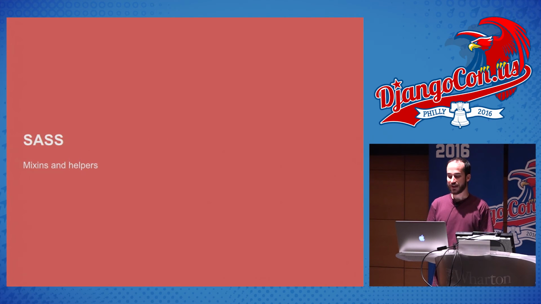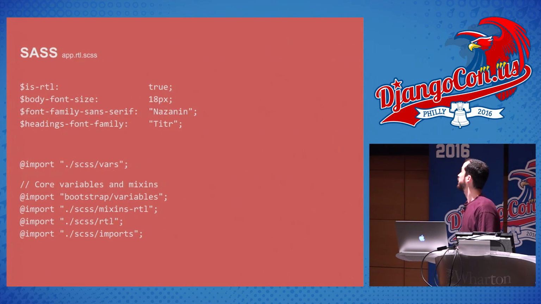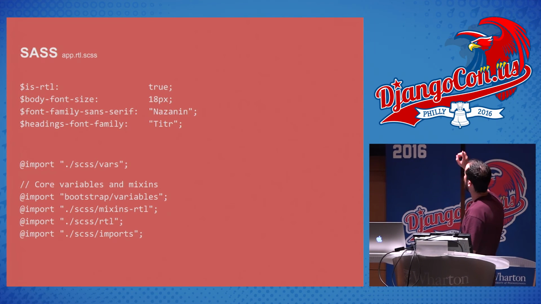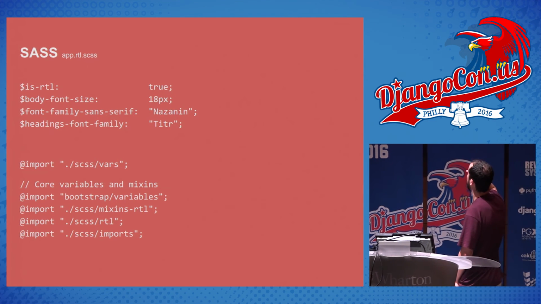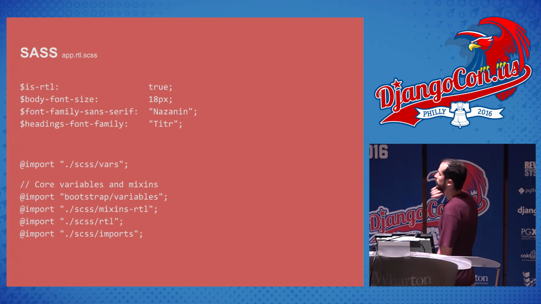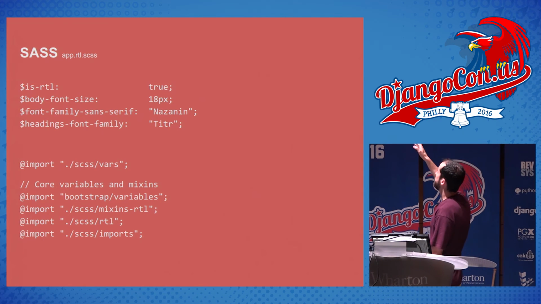And here's some SASS good things, and really easy actually, but it's good to mention. So imagine that your app.rtl SASS file is your entry point for your Gulp or Webpack to collect all of them, and that is where you set is-right-to-left true.